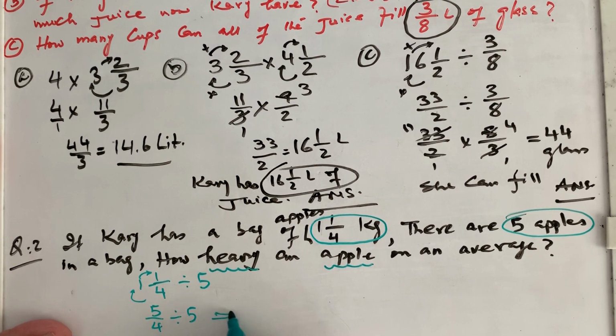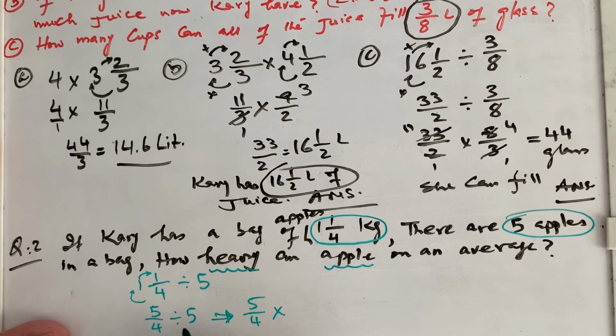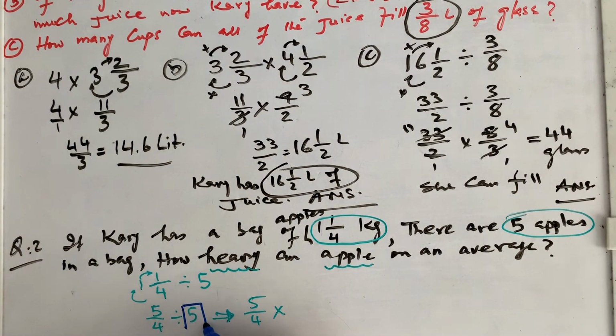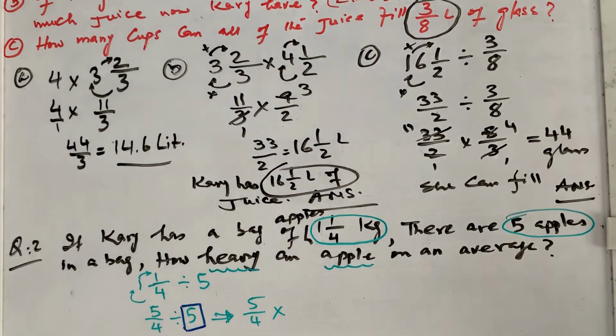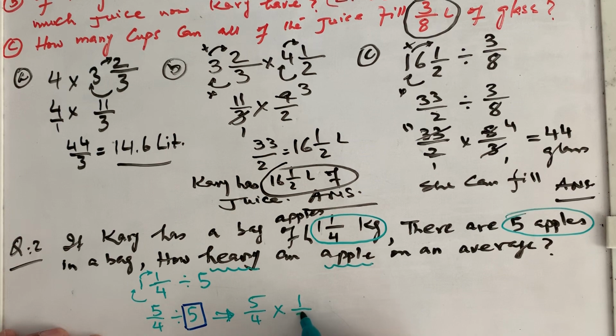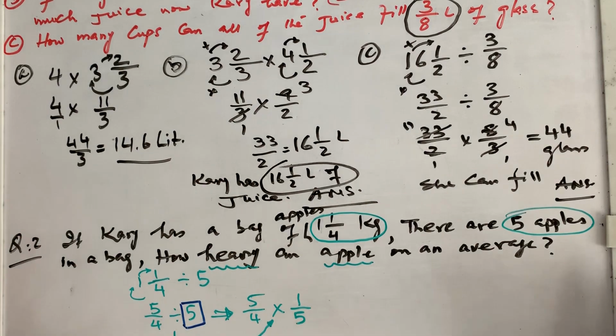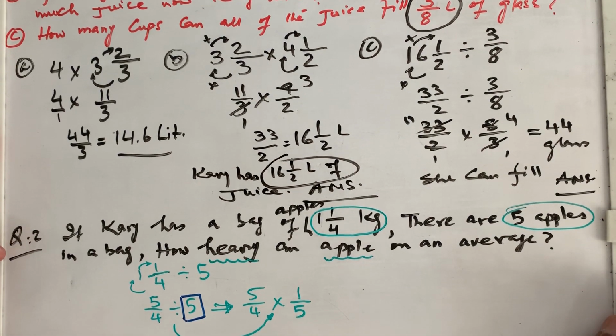And we learned that if this division is there, we can convert this division into multiplication if we flip the second term, the divisor. So we have to flip this into 1 over 5, and then we turn this division into multiplication.